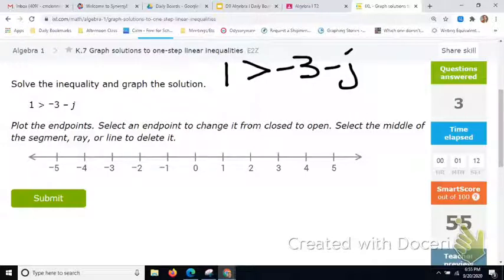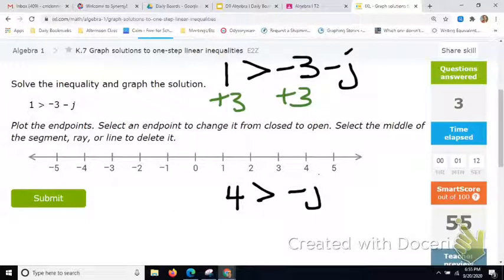So I need to get the J by itself. So I'm going to add 3. So 4 is greater than negative J, but we can't leave that as a negative, so we're going to divide by -1.